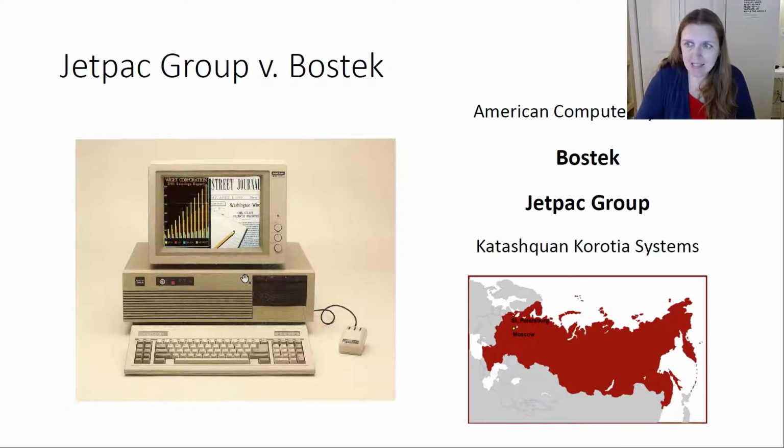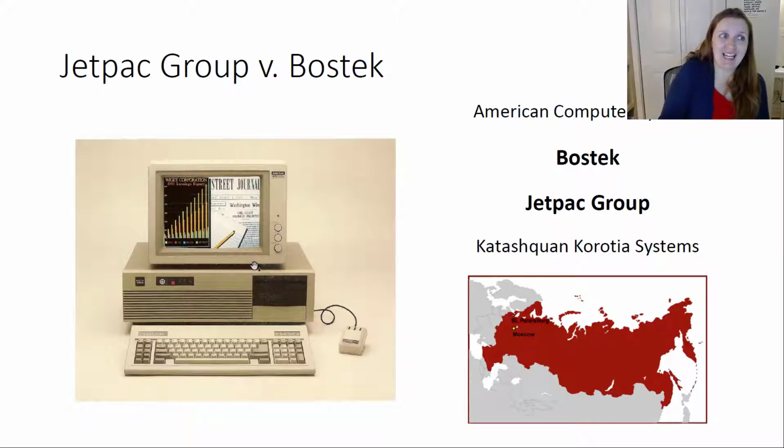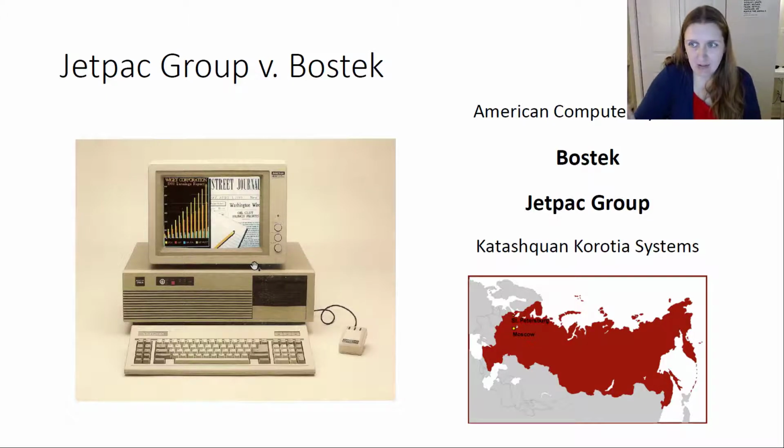The Jetpack case was a chain of suppliers and sellers. And ultimately, the dispute is between these two middlemen in the chain, Bostech, who was trying to get into the computer business, and Jetpack, that had a specialty in exporting goods to Russia and sort of wanted to break into the Russian market. And so they were going to get computers from Bostech, and then Jetpack was going to export them to their contacts in Russia.